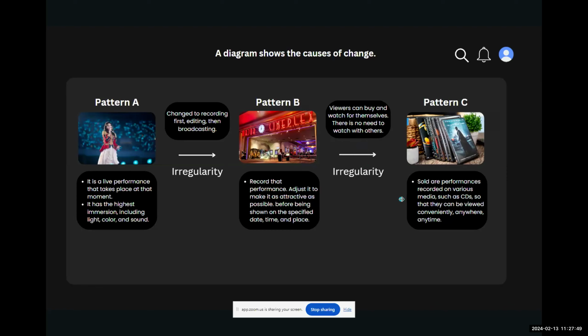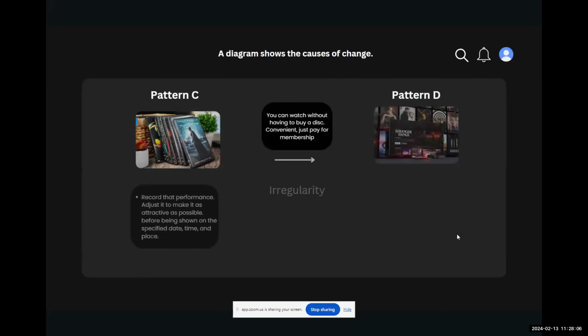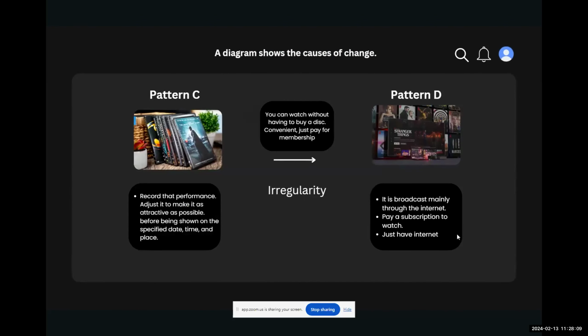Pattern C is performance records on various media such as CDs, so they can be viewed conveniently anywhere, anytime. From pattern C to pattern D, the regularity is that you can watch with the convenience of paying for a membership.